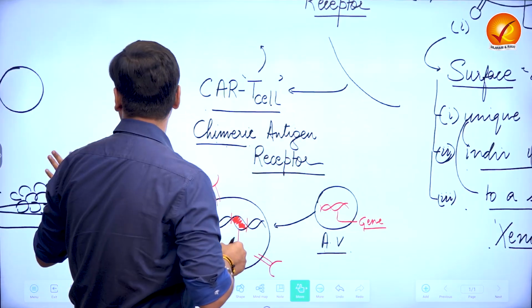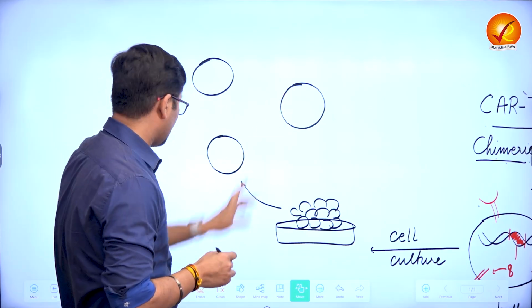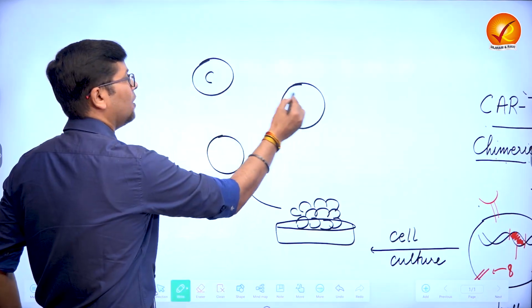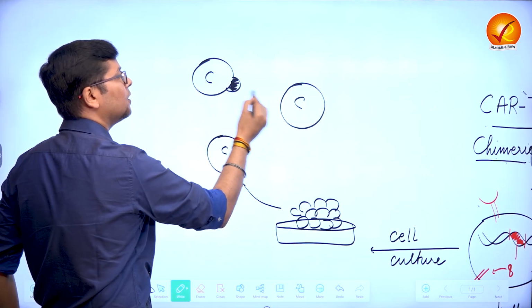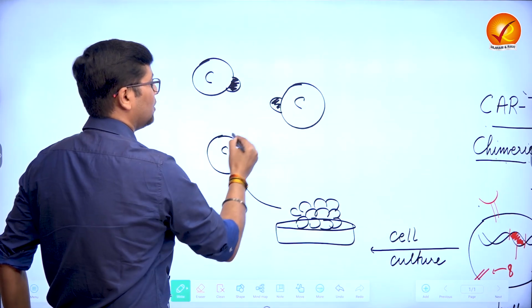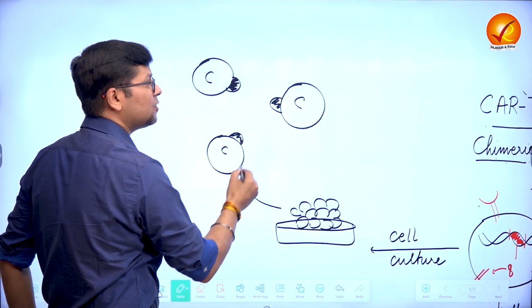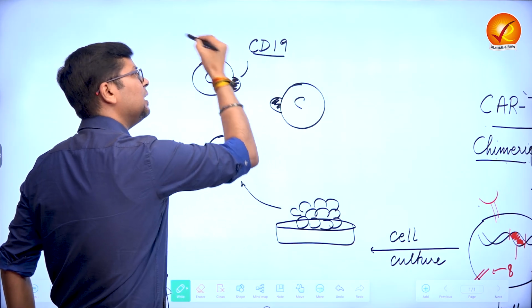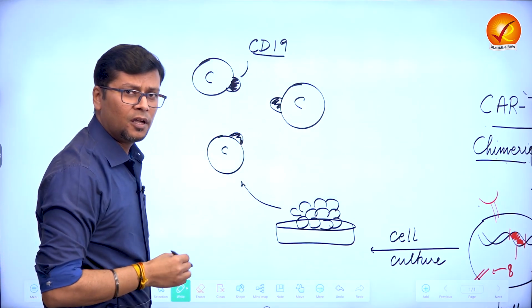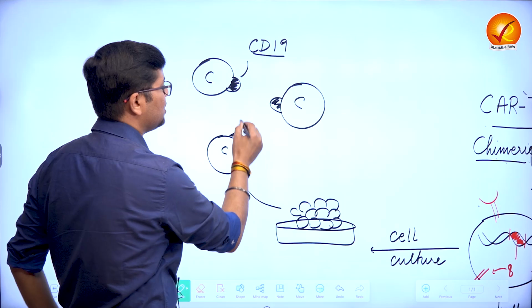So do the cancer cells. These cancer cells have a specific antigen or protein on the surface, people, called the CD19 antigen. And I think you can now connect the dots easily.